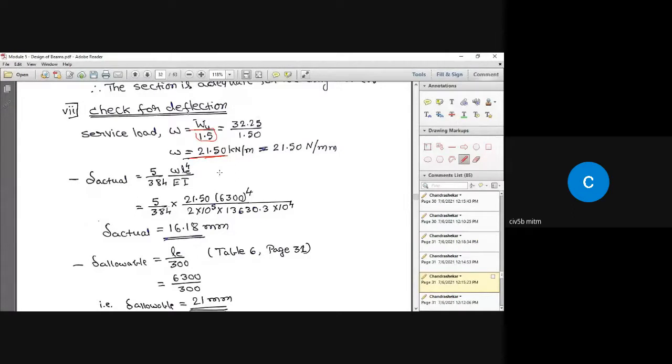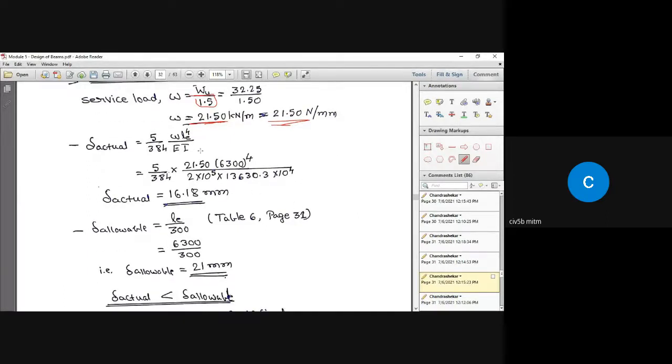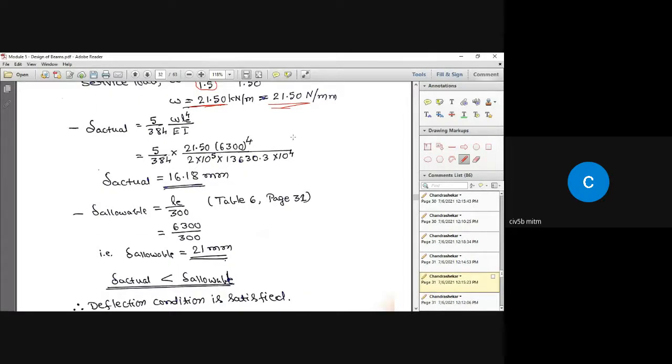So if you convert this value into Newton per millimeter, numerically it remains the same, 21.50 Newton per millimeter. We have the formula, delta actual equal to 5 by 384 W L to the power of 4 by EI. So we are substituting all the values in terms of Newton and millimeter in this deflection equation. W is 21.50 Newton per millimeter.